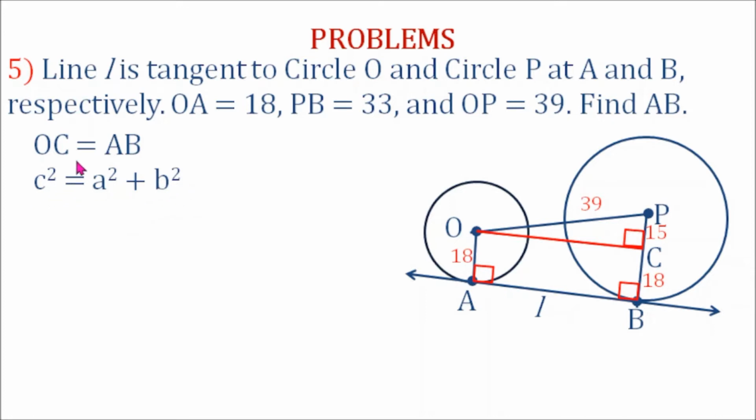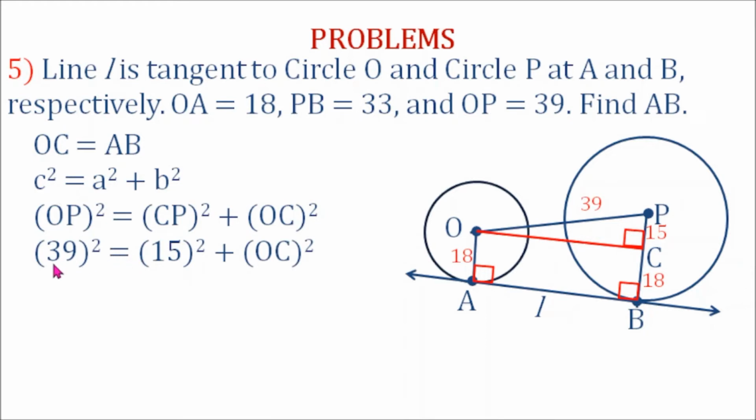That's the square of the hypotenuse equals the sum of the squares of the two other sides. So our hypotenuse here is side OP, and we can assign this side PC as A and side OC as B. So we have side OP squared equals side CP squared plus side OC squared.